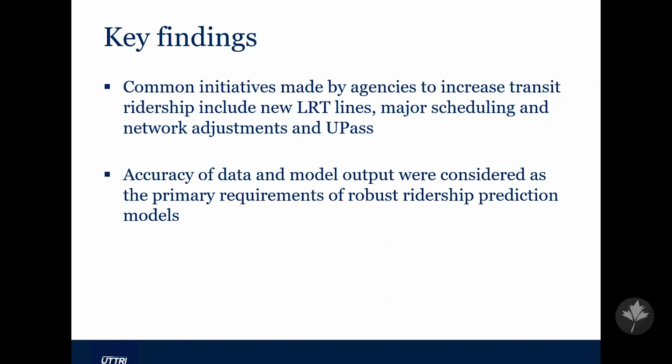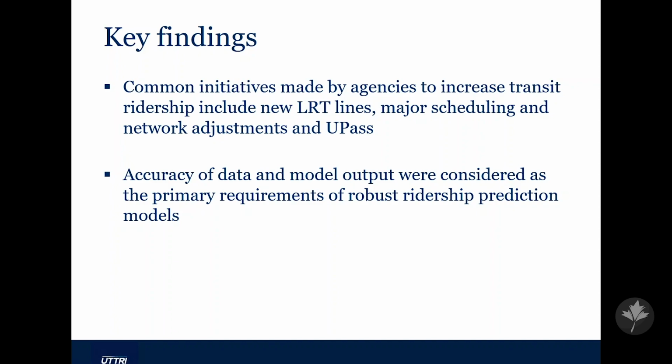Transit agencies have actually complained about the accuracy of data. This is a major issue that was expressed by many transit agencies, that sometimes the ridership data is not highly accurate. So that was a concern to them with respect to using this kind of data for ridership models. And in terms of requirements that they would like to see in a ridership model, the main requirement is to have high quality input data and simplified models, not very complex models that nobody understands.